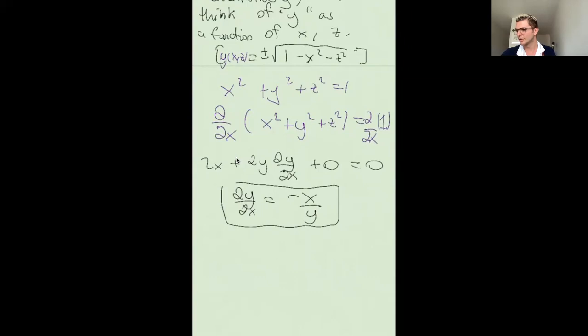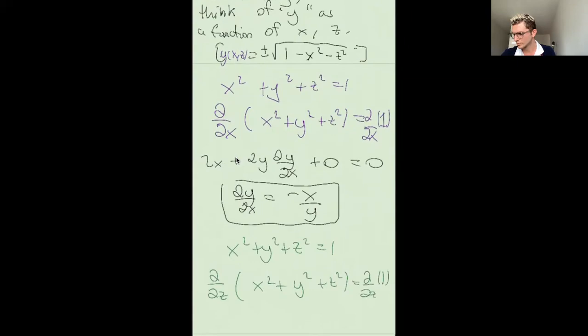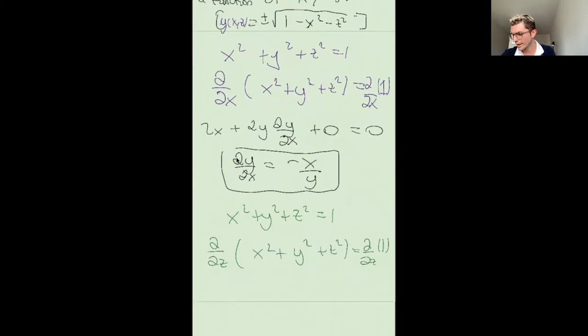So just to make this more clear, you could still take this one and take the partial derivative with respect to z. And now x and z are being regarded as independent. So this one gives you 0. And now this one gives you 2y dy/dz.